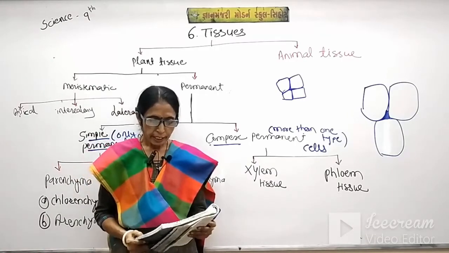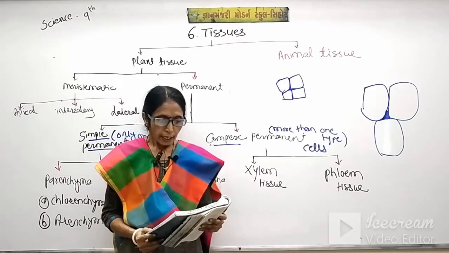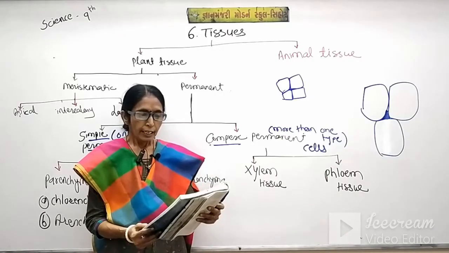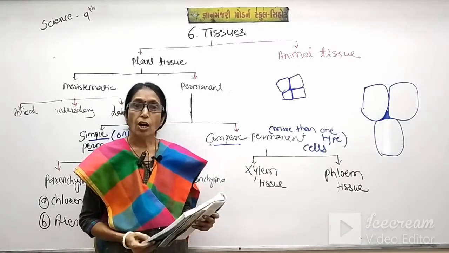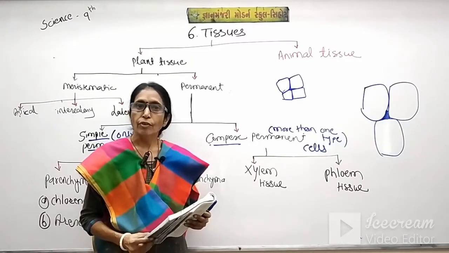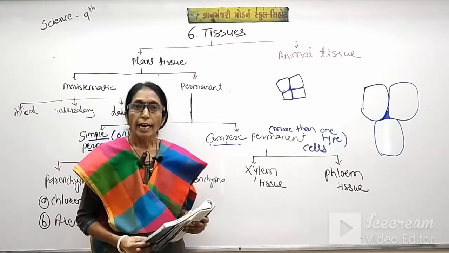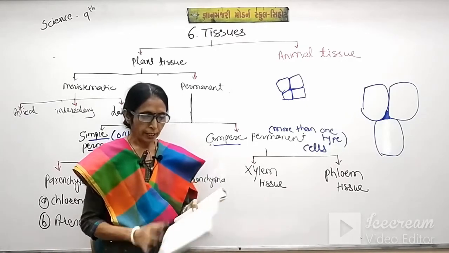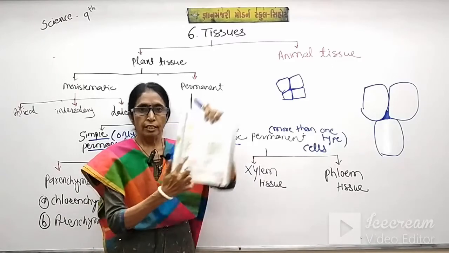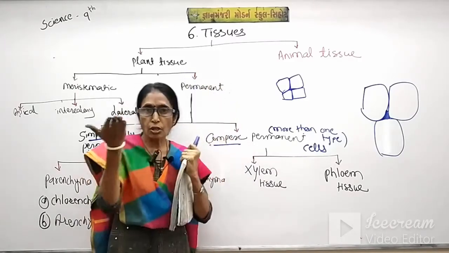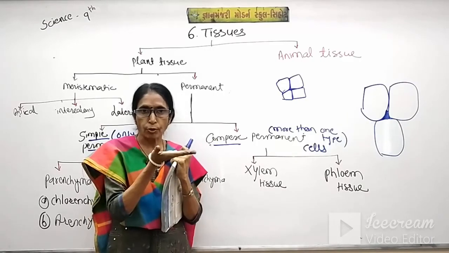page number 71. Here figures A1 and A2 are of the parenchyma. So you can see here their walls are very thin and there is no intercellular space. These two figures, this and this. So this is the transverse cross section.